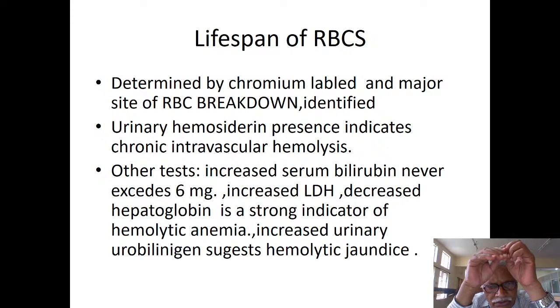Decreased haptoglobin is a strong indicator of hemolytic anemia, so you test for haptoglobin. Increased urinary urobilinogen suggests hemolytic jaundice. Again, you test for increased urinary urobilinogen, which definitely suggests hemolytic jaundice.